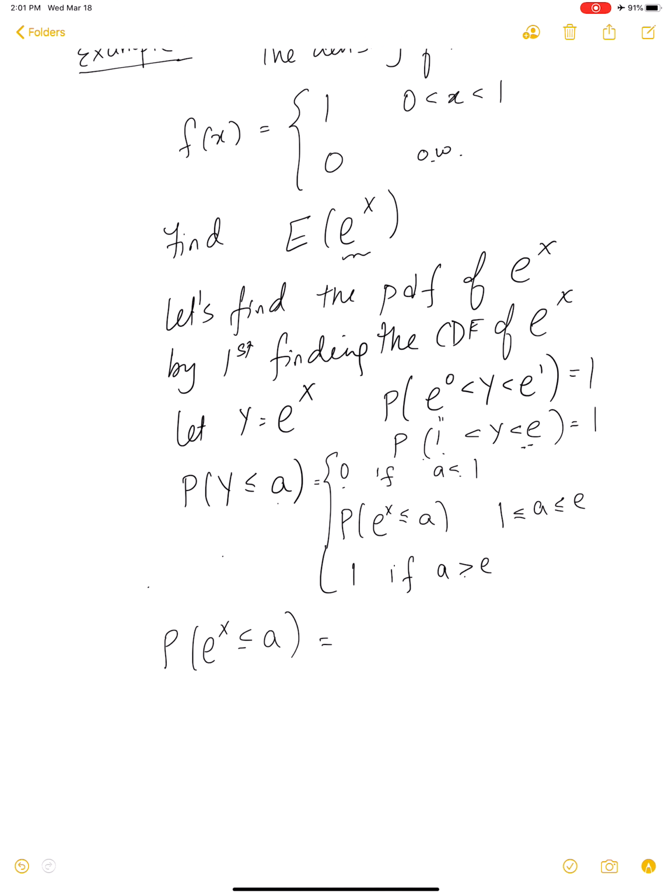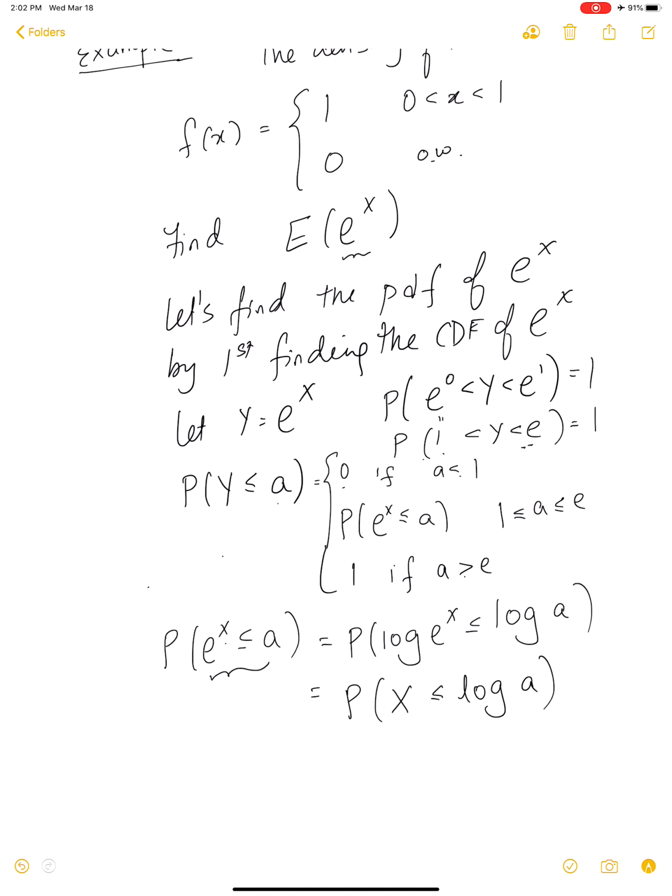Well, what do we know? We don't know anything about e to the x directly, but we do know how to deal with the random variable x. So let's take a log on both sides. Okay, so this is the probability x is less than or equal to log a.